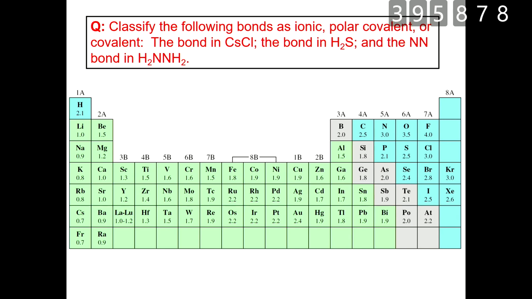So the difference is between 0 and 2, and it will be a polar covalent bond.